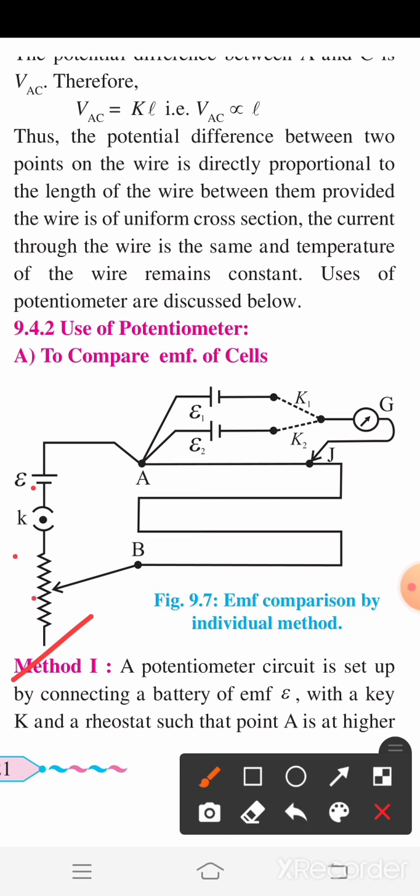So what is the construction of this comparison of EMF of cells using the individual cell method?